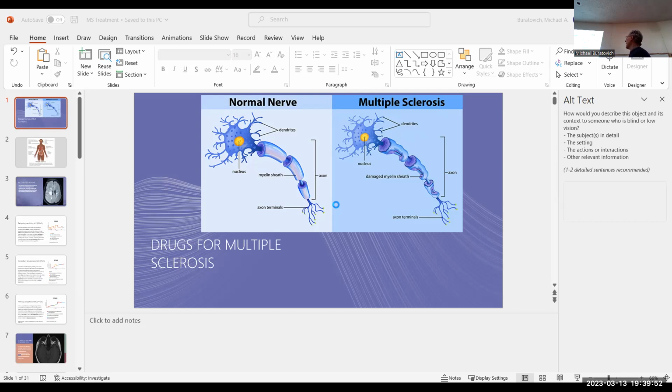Then you get another attack. And then after a while, you don't go all the way back to where you were. There's some permanent damage. You notice loss of sensation or loss of abilities or something like that. And so you have these periods of stability. So the goal of treatment is to decrease the number of episodes.